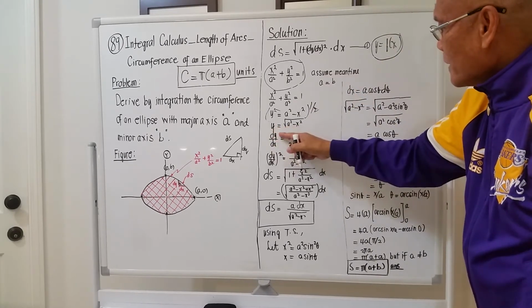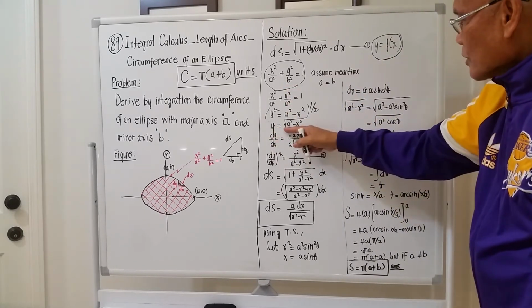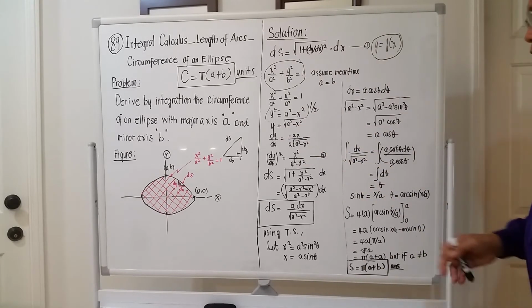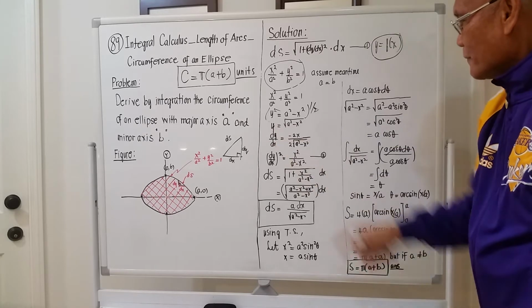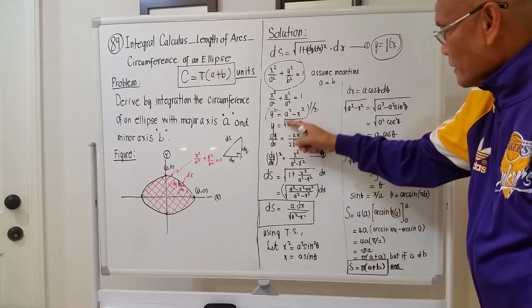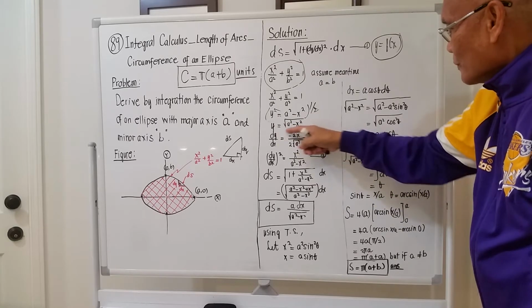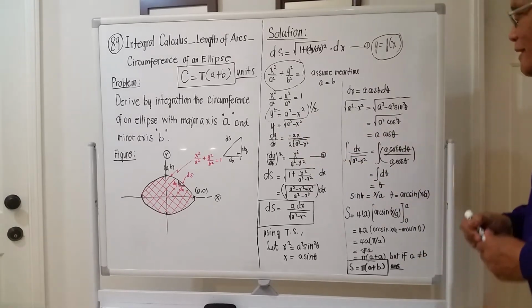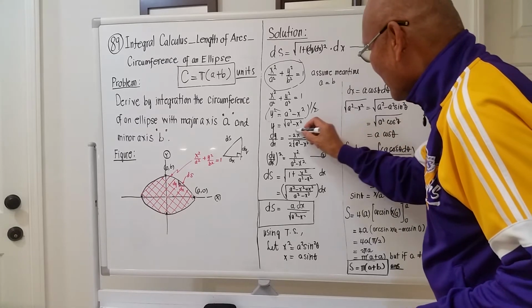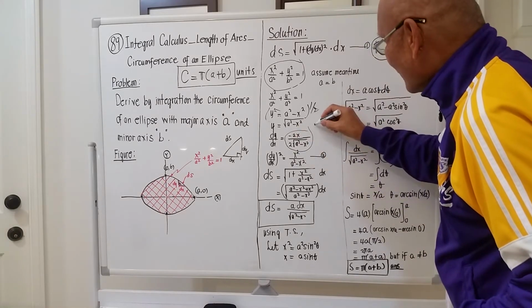The left hand side will be y equal to the right hand side, the square root of a squared minus x squared. Let's try to compute for dy/dx. dy/dx will be the derivative with respect to x of y, equal to the derivative of the right hand side. Actually, the right hand side falls under the power formula, u to the n.